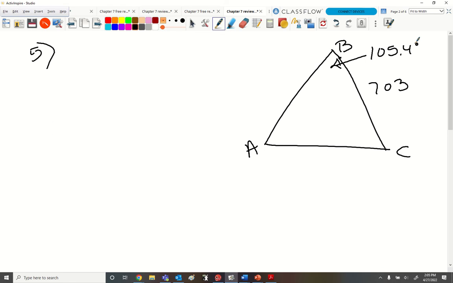So we get B is... what else did I have? And C is 15.2. There we go. And it says I am finding AB. So I'm looking for little c here.